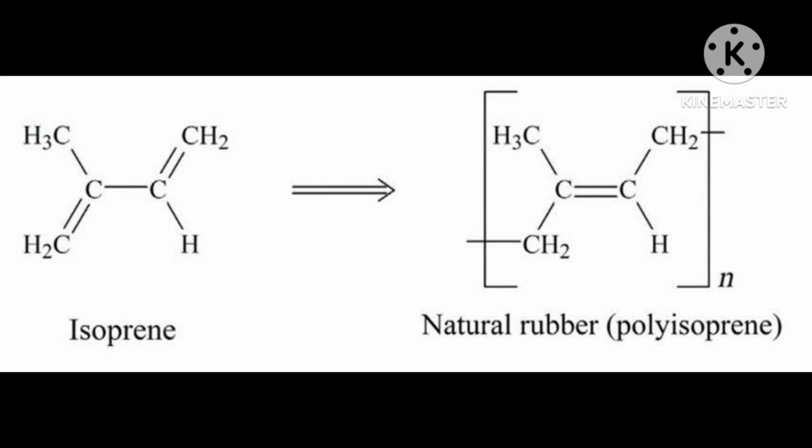For example, butadiene styrene copolymer. Here styrene, in shortcut, is written S. S means styrene. Butadiene styrene copolymer is quite tough, means hard, tough, and is a good substitute for natural rubber.